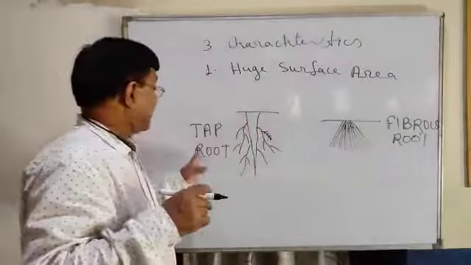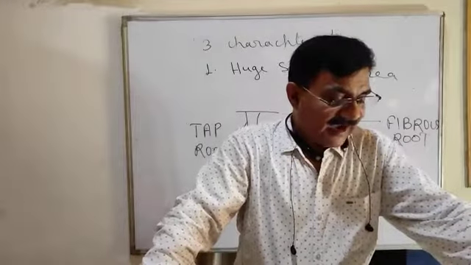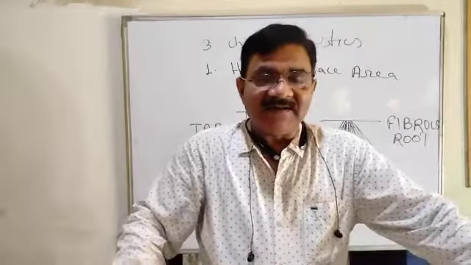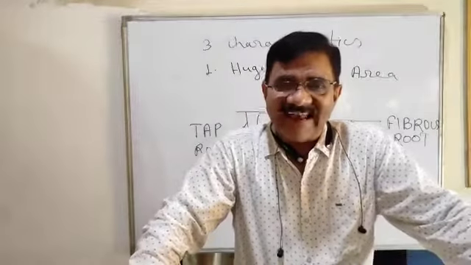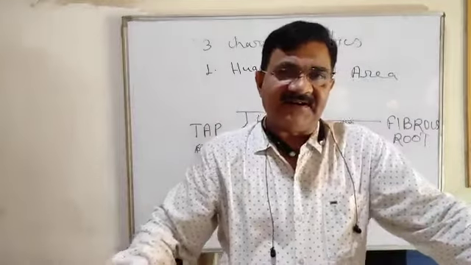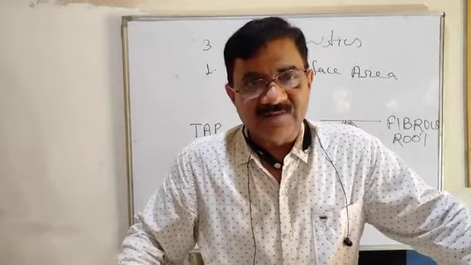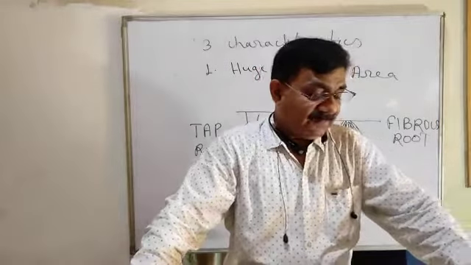Its surface area is so large that from far parts it can absorb water from the soil. So that part is clear, that the roots have got a huge surface area which helps in absorption of water. It is the first characteristic of the root.